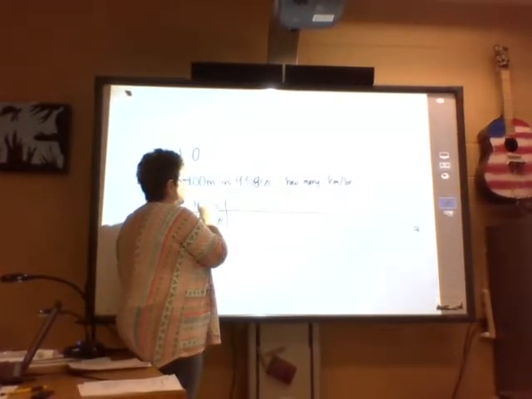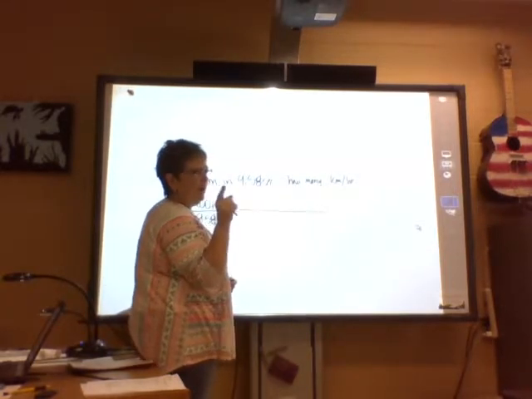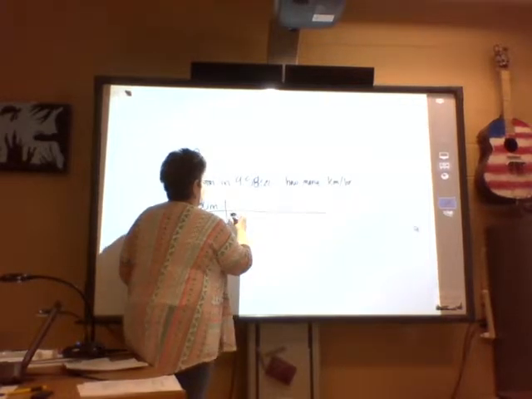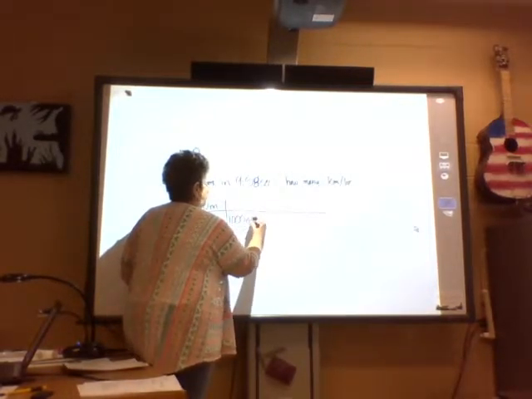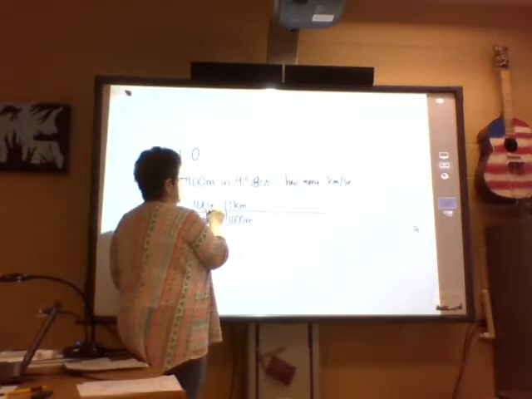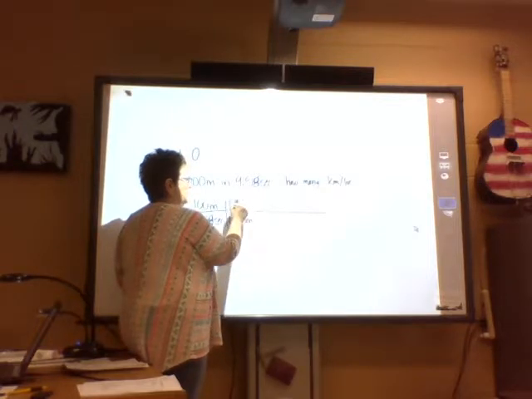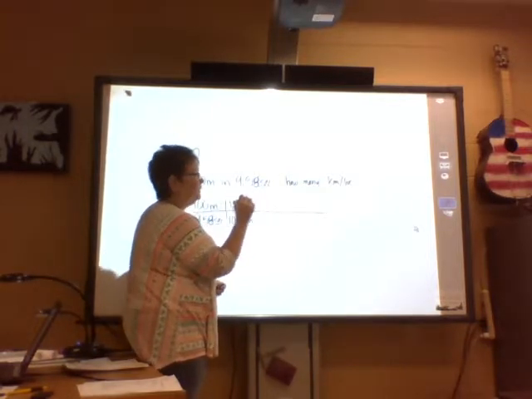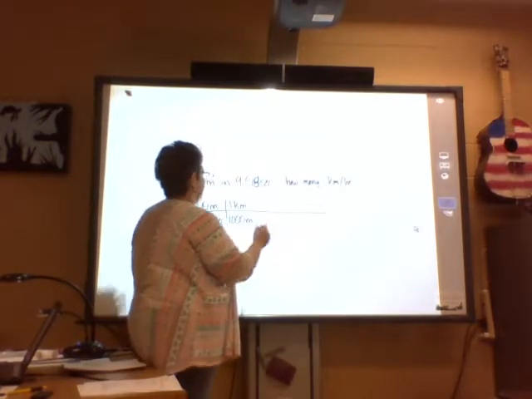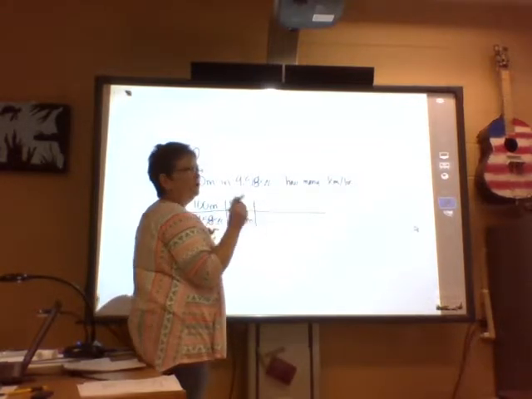So I look at my meters and I think, how can I change meters into kilometers? I know that 1,000 meters is 1 kilometer. So he ran 0.1 kilometer. Notice in my numerator is a meter, and now I'm left with a kilometer. Do I want my numerator to have a kilometer? Yes. We're going to do piecemeal, okay?